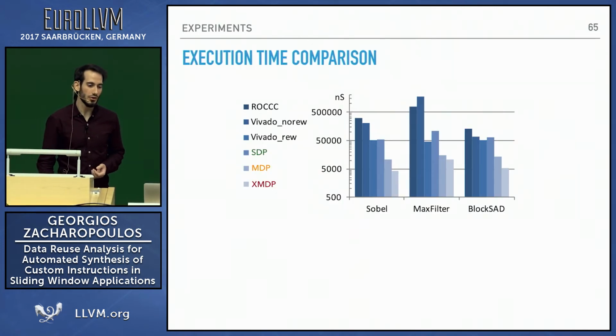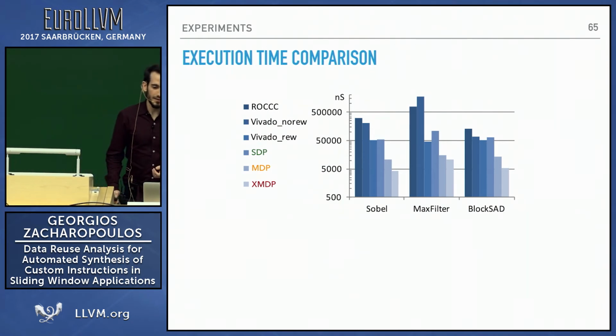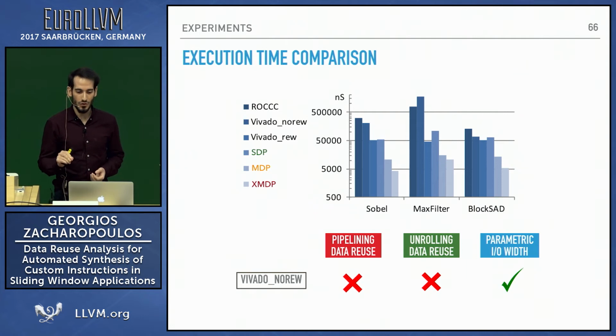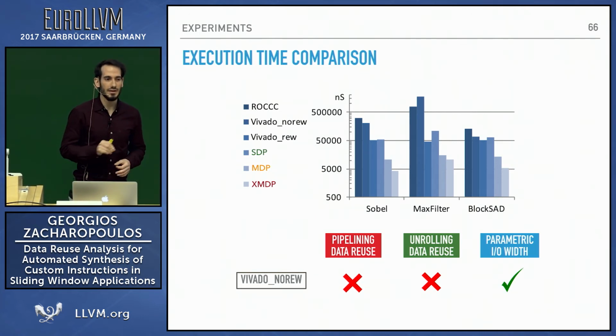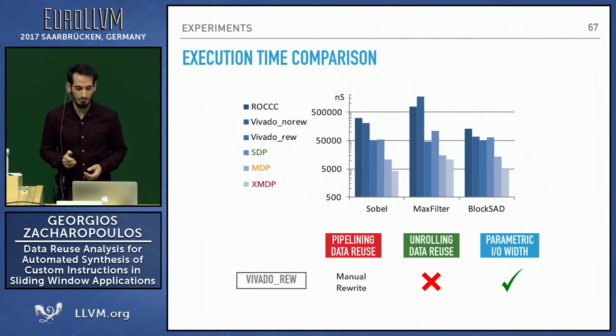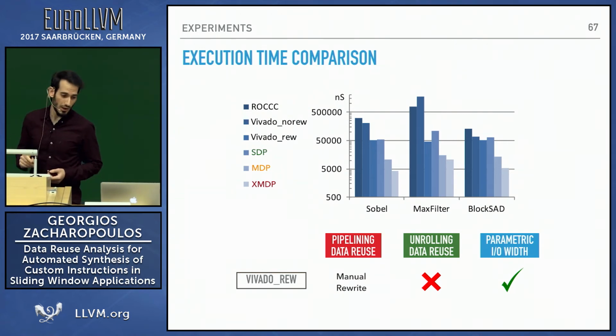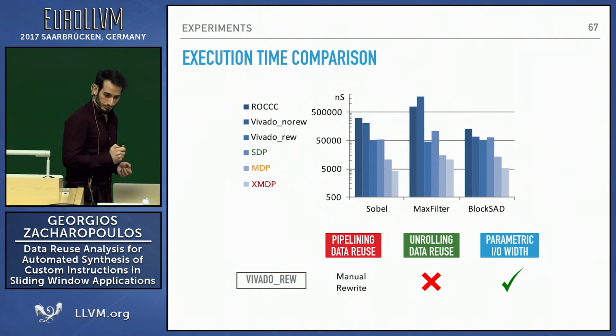So regarding execution time, just a first disclaimer, we have here Vivado no rewrite and Vivado rewrite. Vivado no rewrite means that we were using Vivado by default, because in order to have pipelining data reuse, there was some manual effort required to extensively rewrite the code.